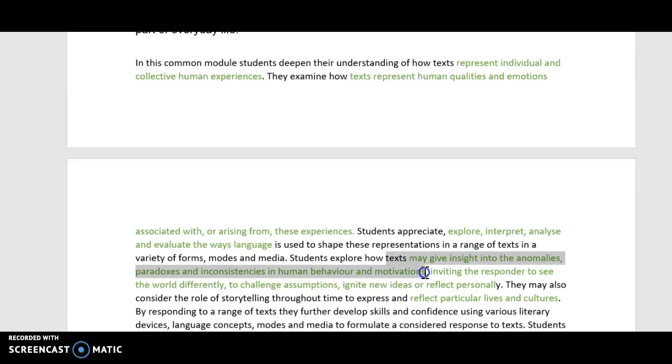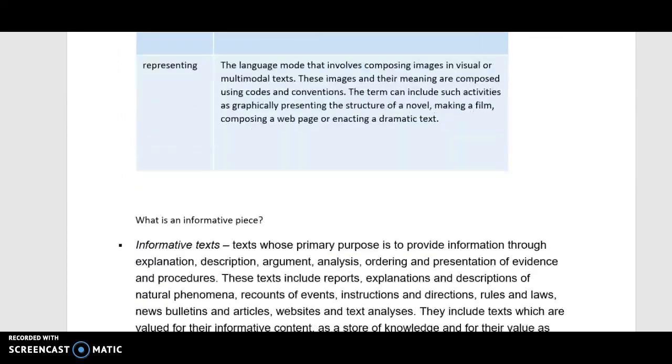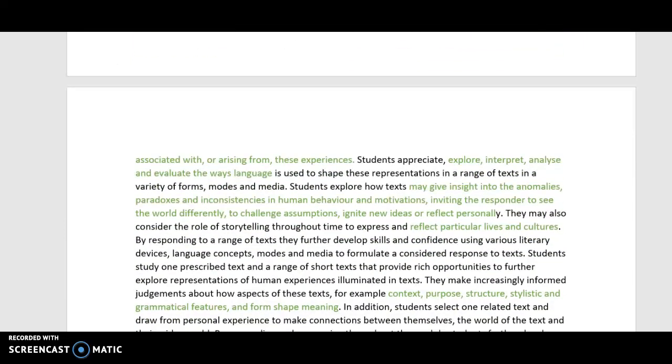Up here, may give insight into the anomalies, paradoxes, and inconsistencies in human behaviour and motivations. So what the question up here is saying about one key idea about human experiences, that those two words, human experiences, includes the anomalies, paradoxes, and inconsistencies in human behaviour and motivations.